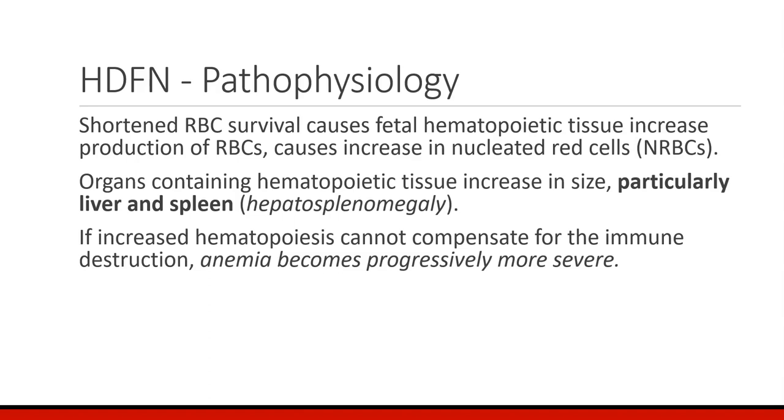Organs containing hematopoietic tissue increase in size, particularly the liver and spleen, hepatosplenomegaly. This is because they're trying so hard to keep up with red cell production to maintain a certain oxygen level. If increased hematopoiesis cannot compensate for the immune destruction, then the anemia becomes progressively more severe.